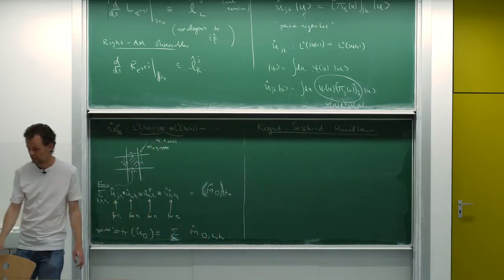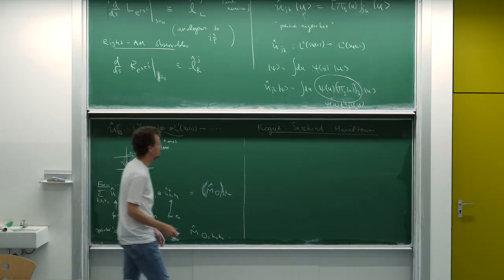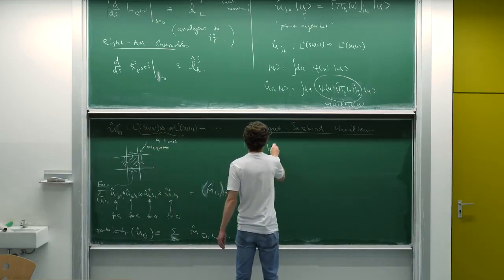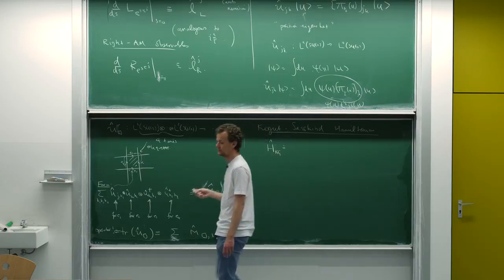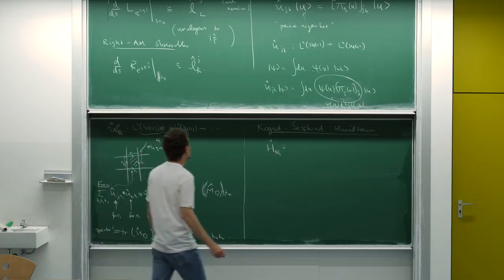So let's now write down our microscopic model. It's called the Kogut-Susskind Hamiltonian in honor of its inventors. And it's defined as follows. We take the sum over all the links.